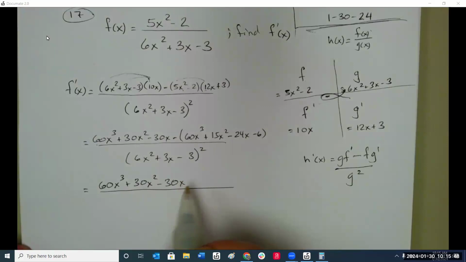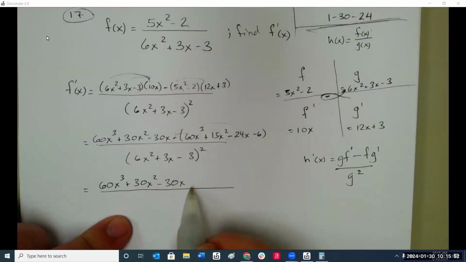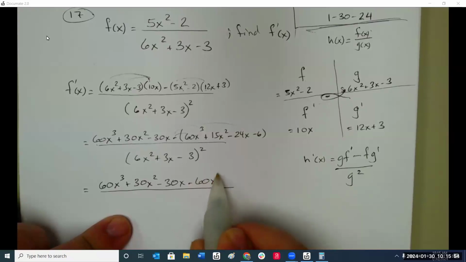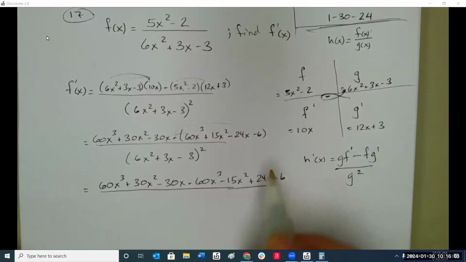Rewrite everything that we have. Just get rid of the parentheses, so we'll distribute the negative sign. So negative 60x cubed, negative 15x squared, 24x plus 6.